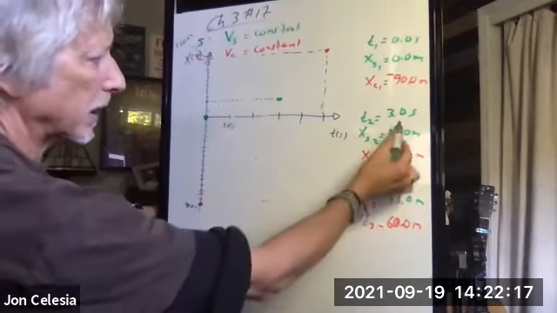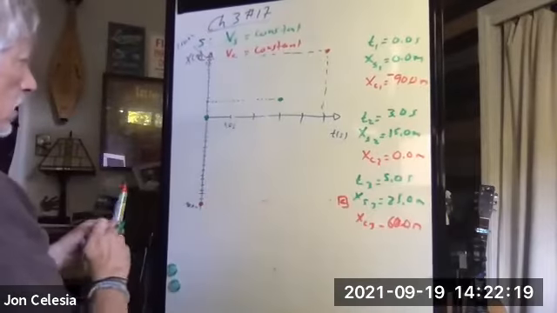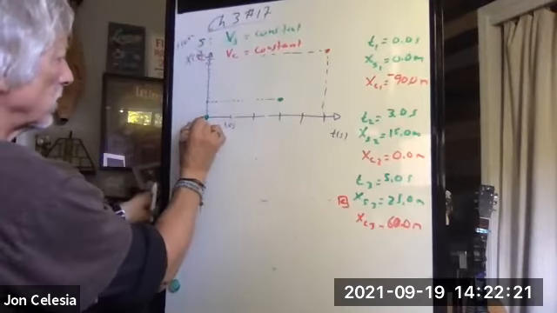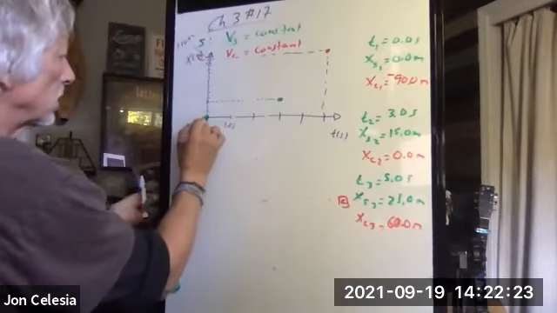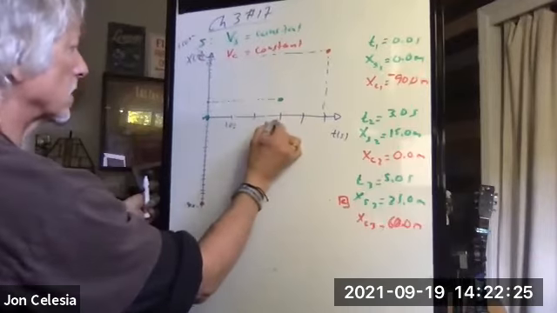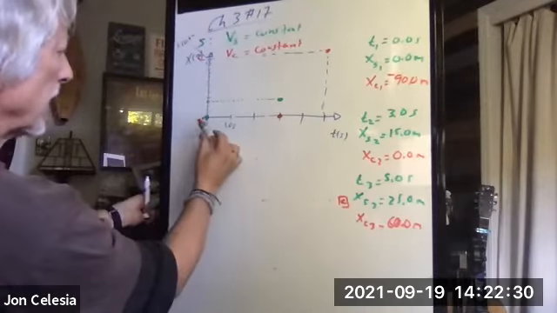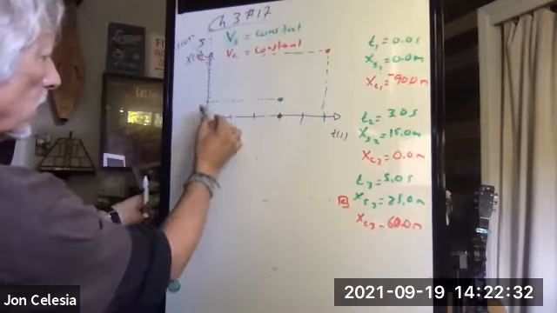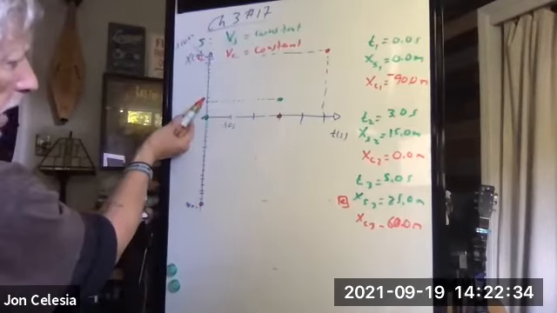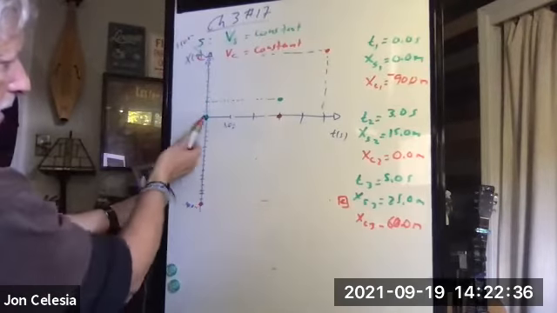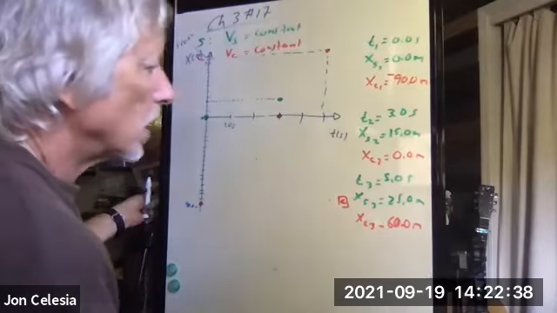And at 3 seconds, the cheetah is now here, but that's at 3 seconds. So the cheetah is here. So that's the actual position. Cheetah, Sage, cheetah, Sage, cheetah, Sage.